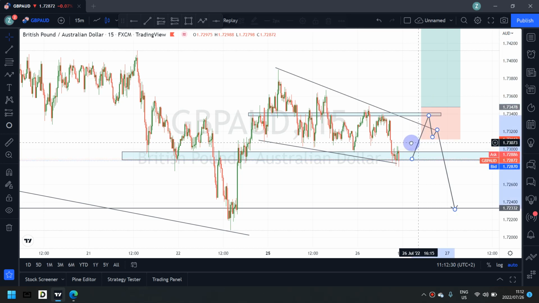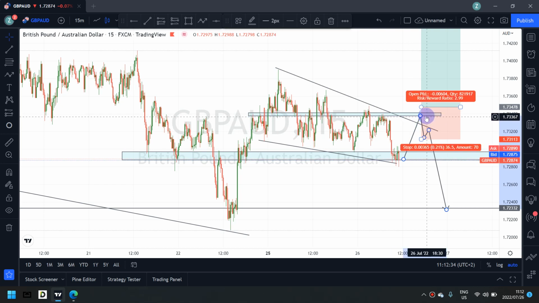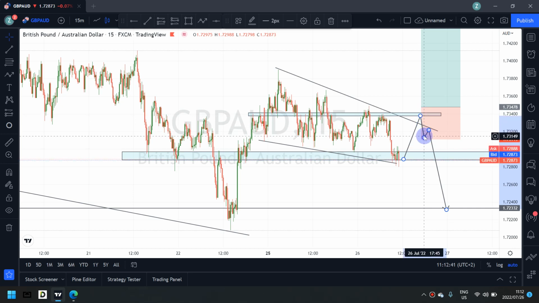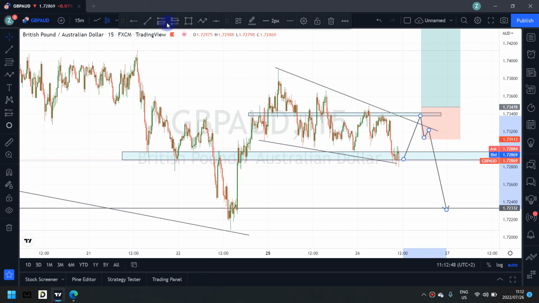So for sells, this is what I mean. The market pushing to the upside, giving me a fake out and a touch on my resistance, push back, give that fake out, retest the trend line, and then from there I would then enter a sell, because I'm seeing that this is a decreasing double top.